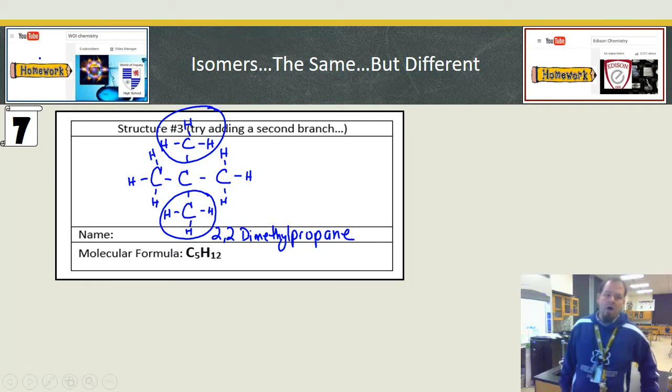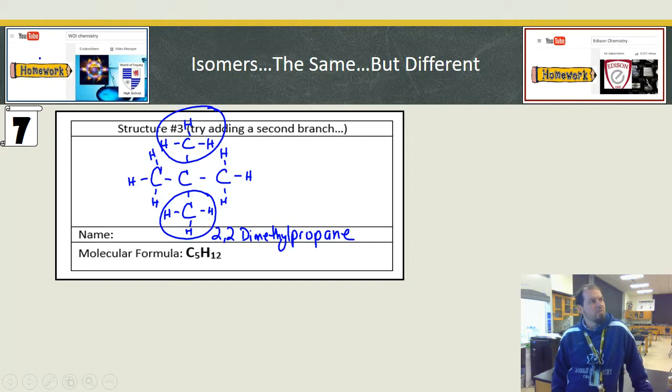So, in summary, real quick before we're out of here, I'm looking at yesterday's Bell work for alkenes to do the double bonds. All I did was move the double bond, and it was technically an isomer.